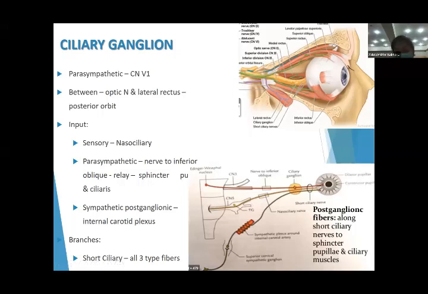So in other words, the short ciliary nerve carries all types of fibers: sympathetic, parasympathetic and sensory fibers. ये short ciliary nerves हैं.